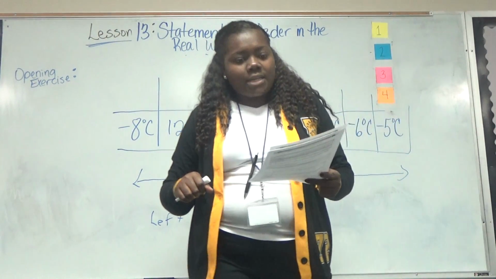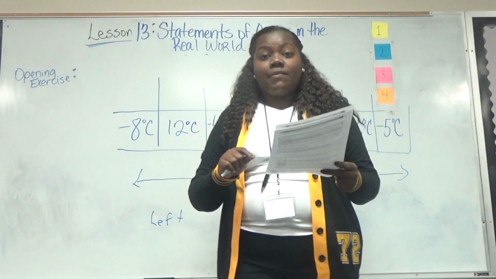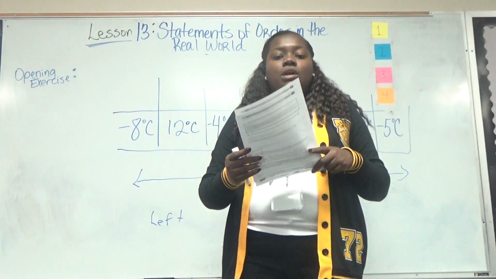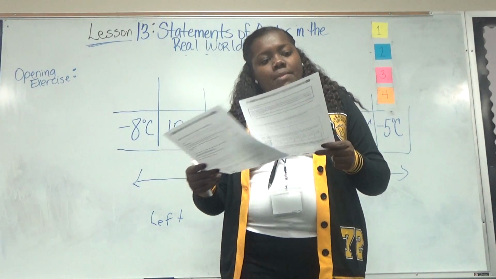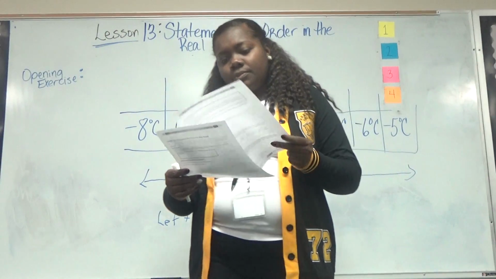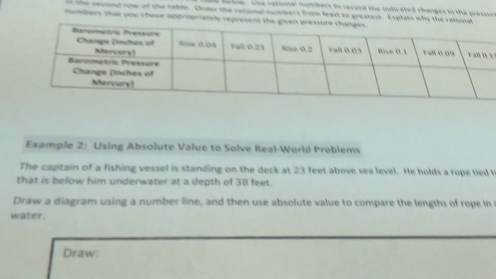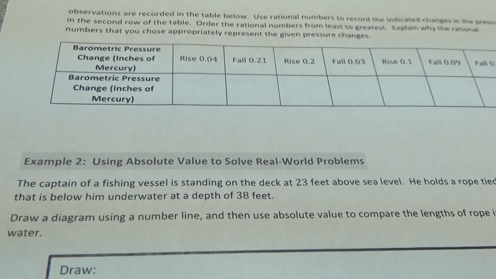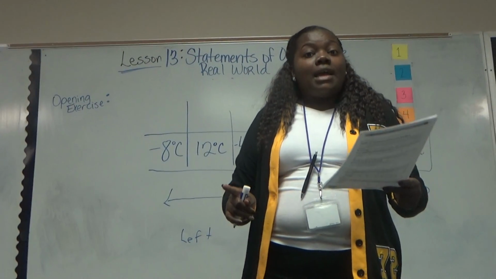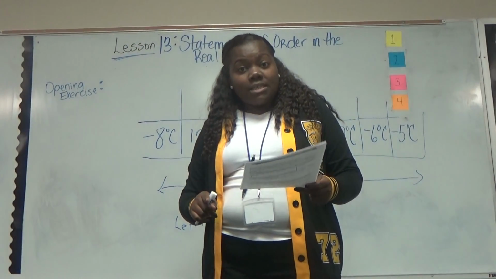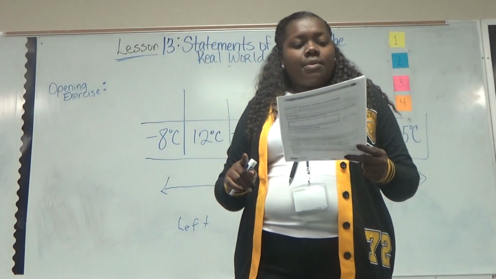Draw your number lines. That will help you to make sure that you have your numbers in order the correct way. Go to example 2 for me. Example 2 talks about using absolute value. We already know absolute value is always positive, and absolute value is a number's distance away from 0 on the number line.